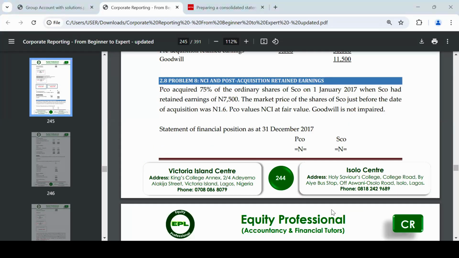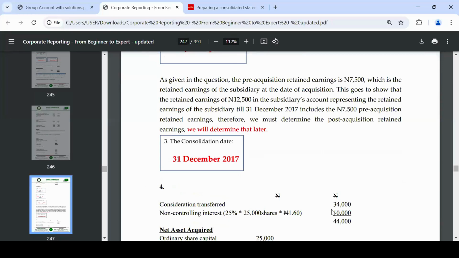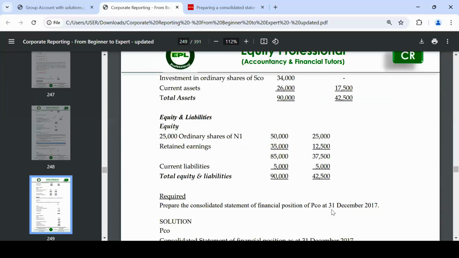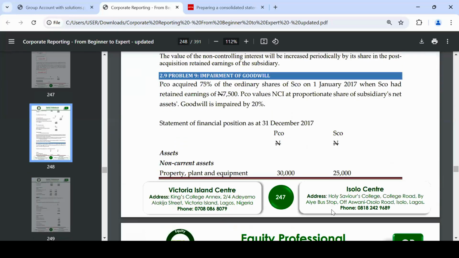So we're going to look at a case where goodwill is impaired. What is the implication and how do we go about it? So let's look at impairment of goodwill. We are told PICO acquired 75% of the ordinary shares of ESCO on 1st January 2017, when ESCO had retained earnings of 7,500.